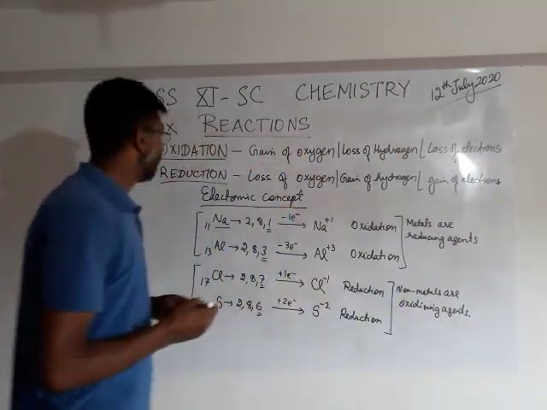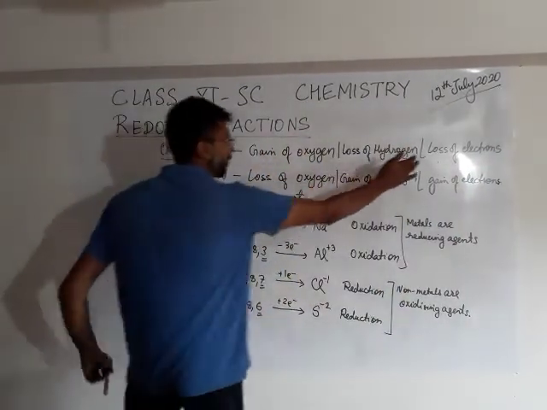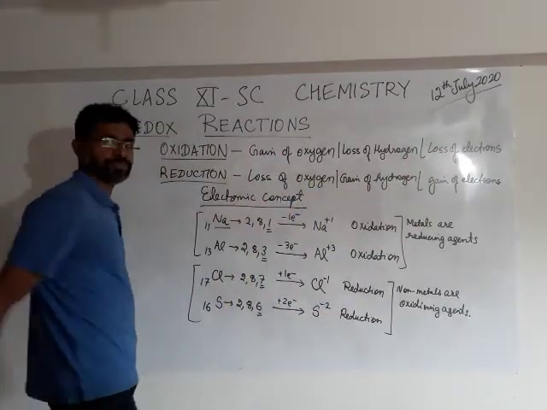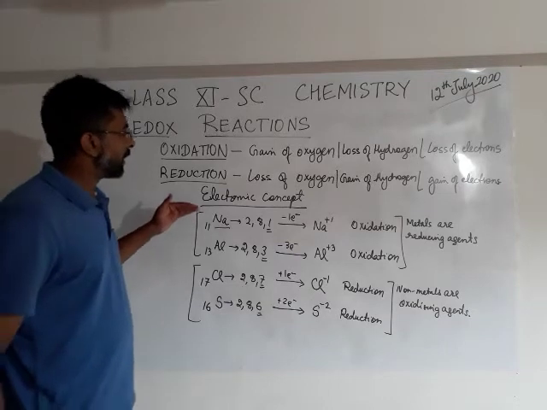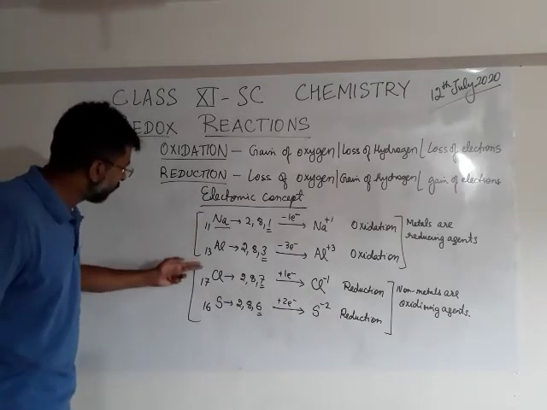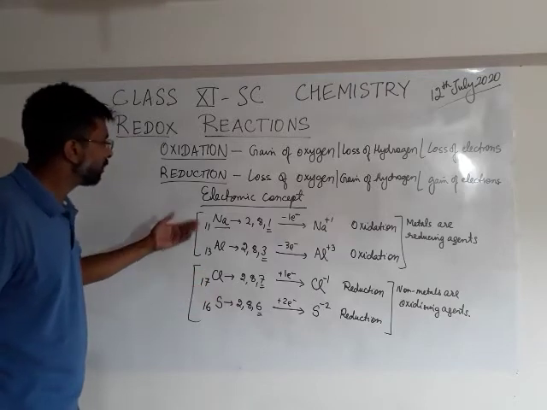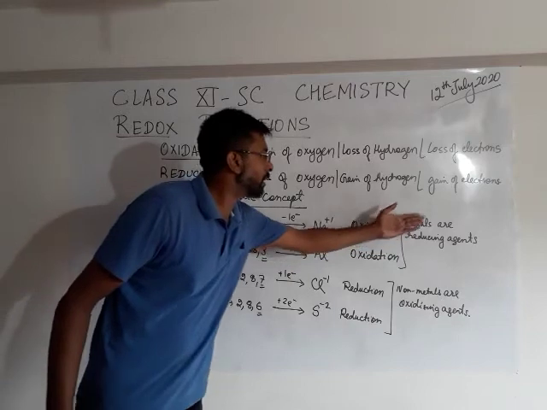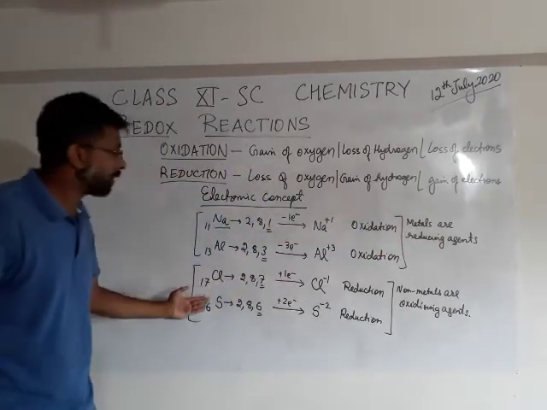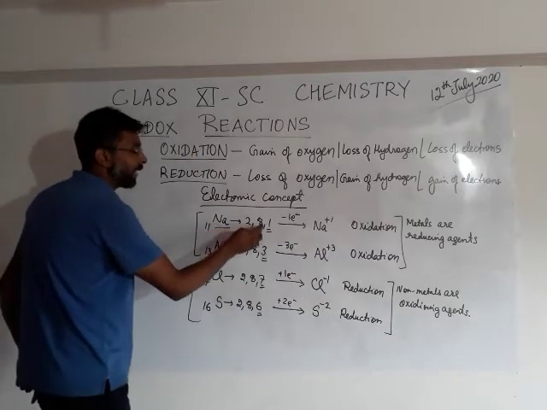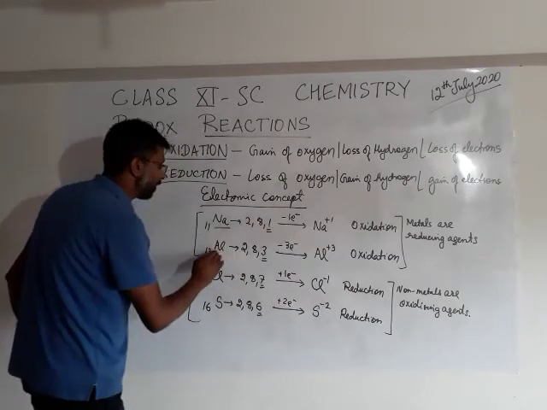Then this loss of electrons and gain of electrons is according to the electronic concept. To explain this nicely, I have taken 2 examples of metals and 2 examples of non-metals to show that metals are reducing agents and non-metals are oxidizing agents. Metals can lose electrons.